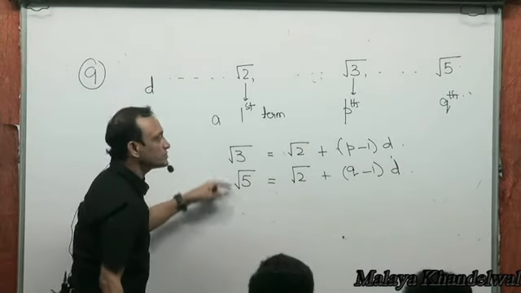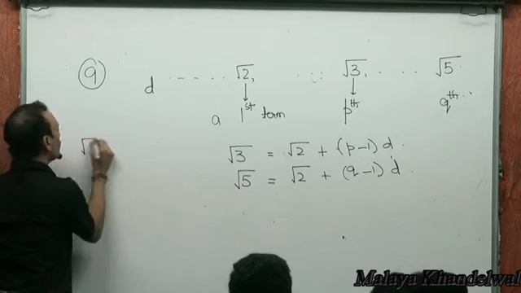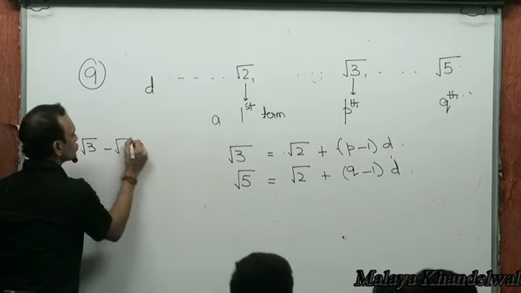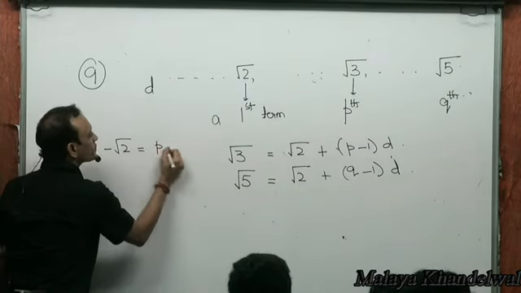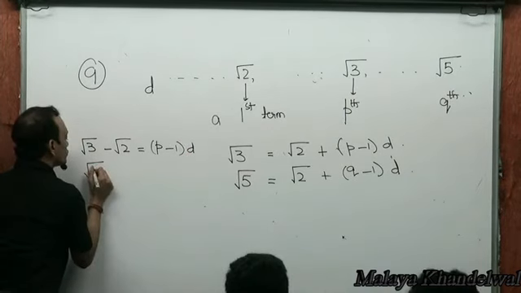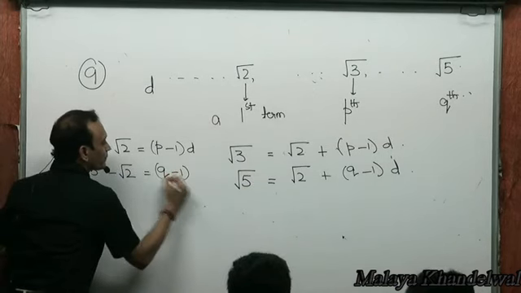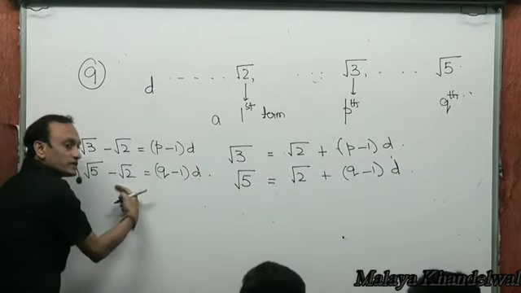Now, if I do this minus this, then I get, or rather, I do this. Root 3 minus root 2 is p minus 1 into d, and root 5 minus root 2 is q minus 1 into d, right? And then I divide.